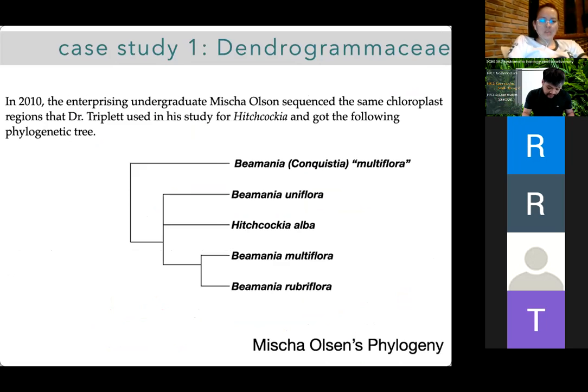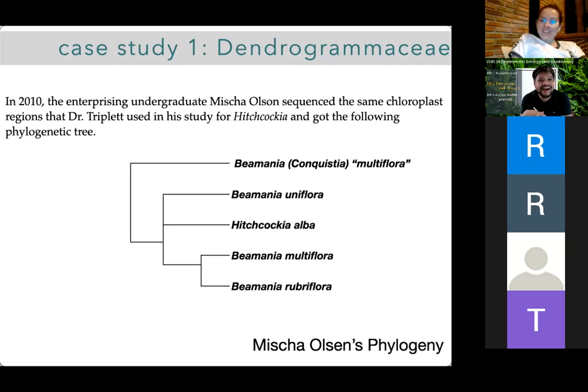And then in 2010, 3 years later, an enterprising undergraduate called Misha, it could be you, Misha Olsen, no relation with Vanda, the lady who played Vanda. It's a different Olsen, this is completely fictional.